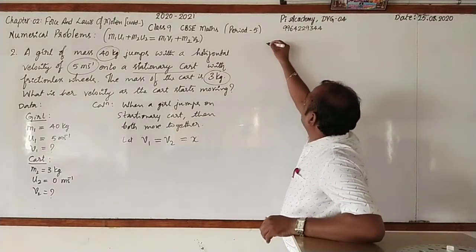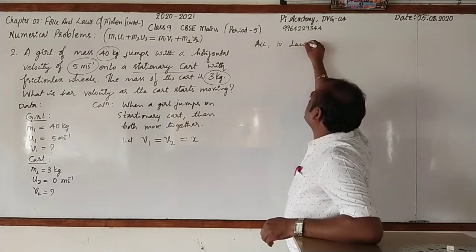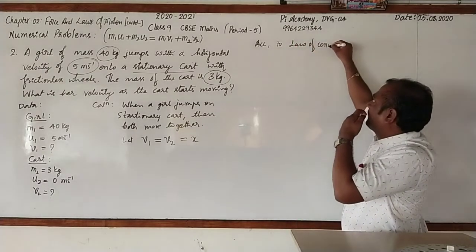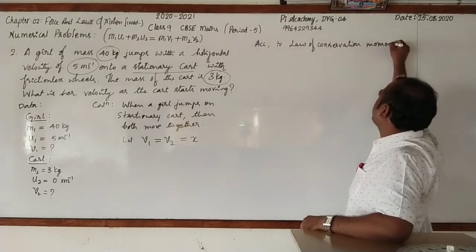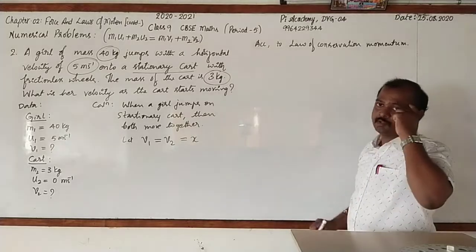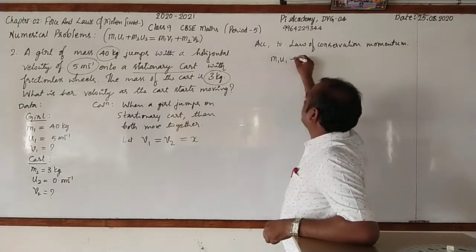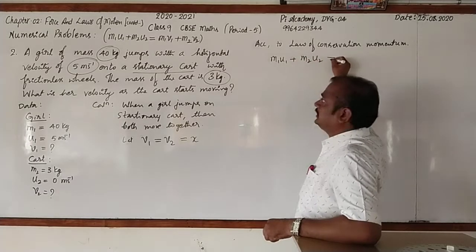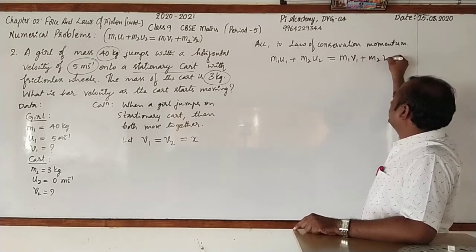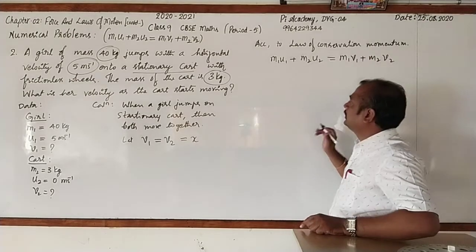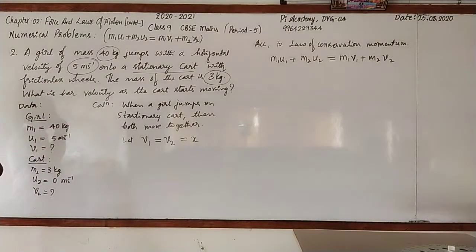Here I write, according to law of conservation of momentum, M1 U1 plus M2 U2 is equal to M1 V1 plus M2 V2, right? Let us go for substituting. First, which one should be substituted?